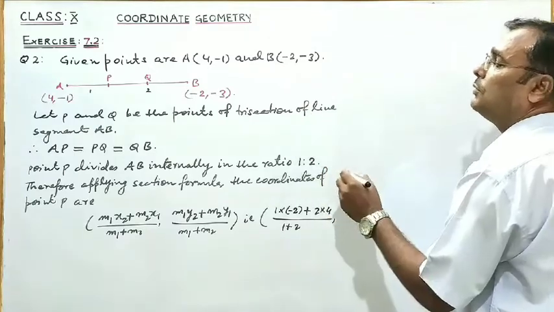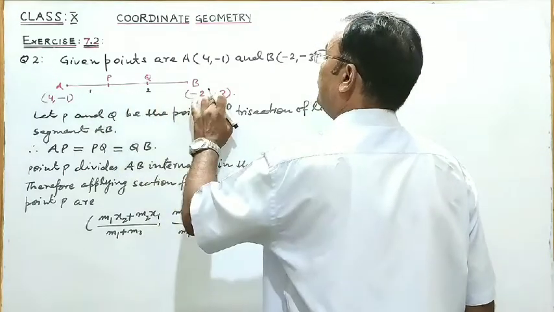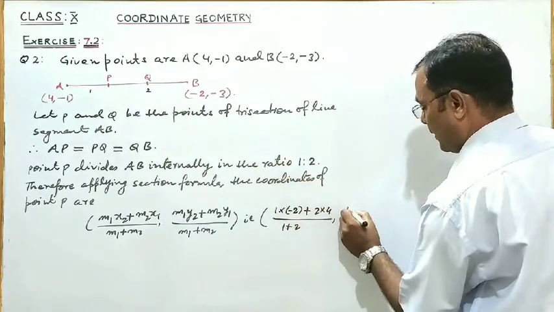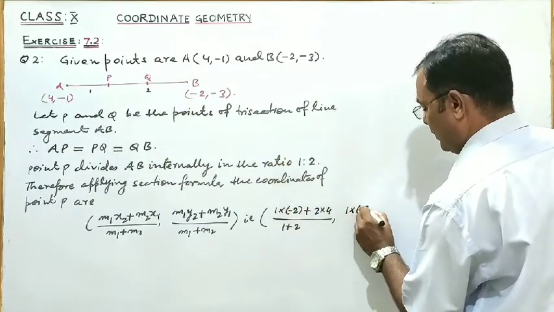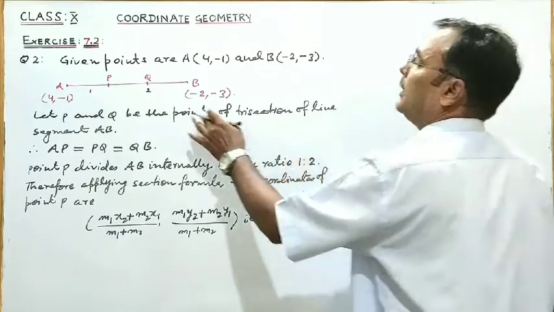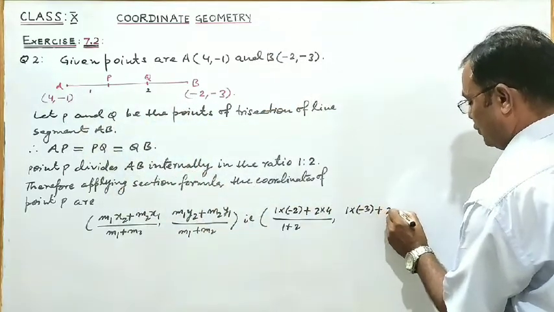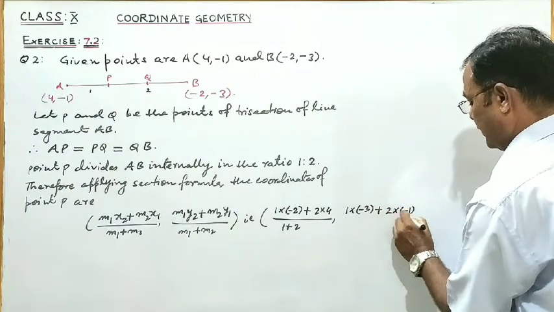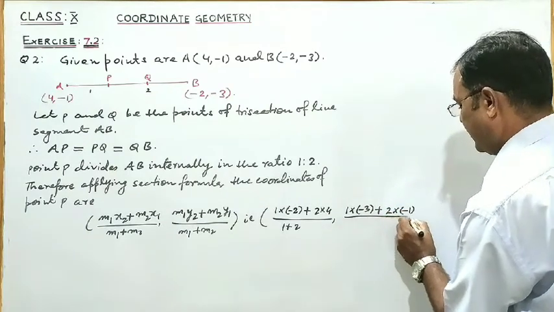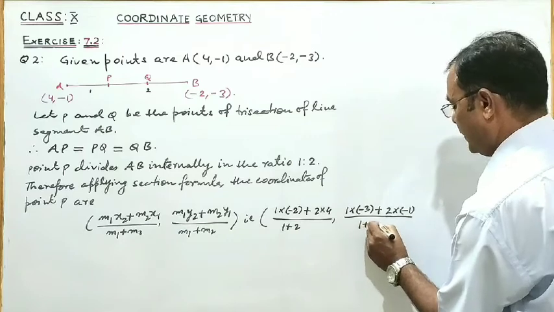And m1 into y2: 1 into -3 plus 2 into -1, by 1 plus 2.